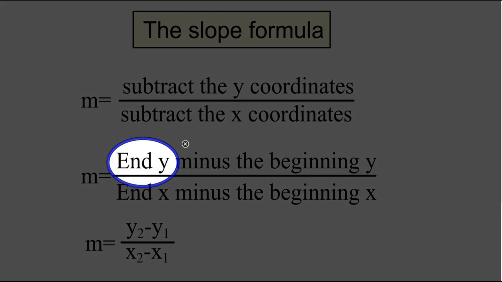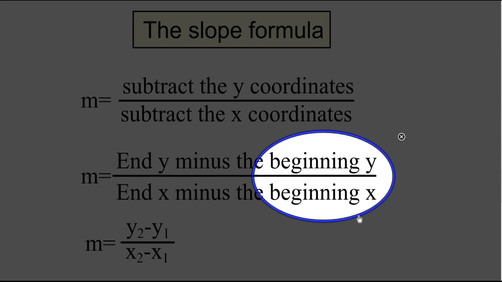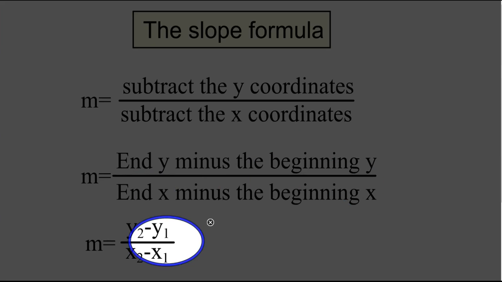But in mathematics, we do not call something the end y, we call it y sub 2. Likewise, the end x is called x sub 2. And the beginning y and x values are called y sub 1 and x sub 1.